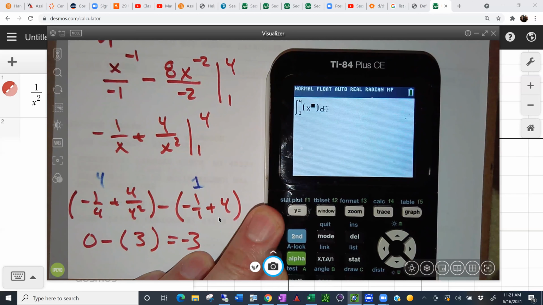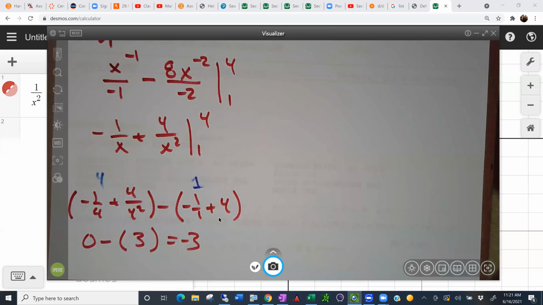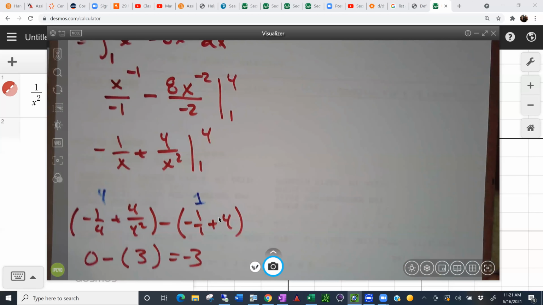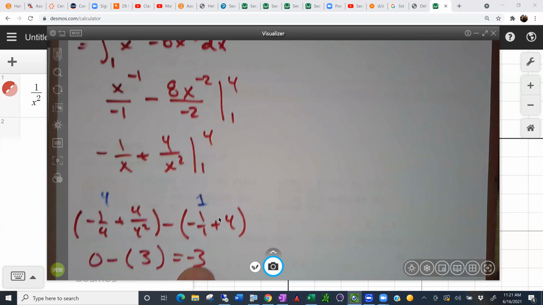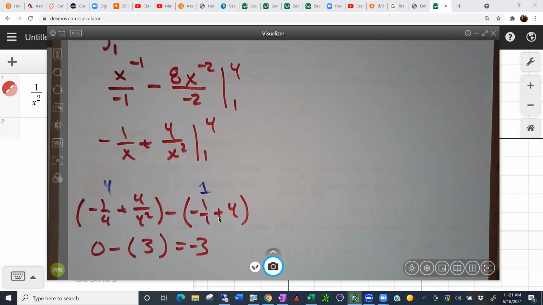Negative 3. Perfect. Nailed it. Now, it's nice to see that there. With our next one, I'm thinking we might get a decimal answer that we could check, but we're not going to get an exact answer out of our calculator for the next one like we did the last one.